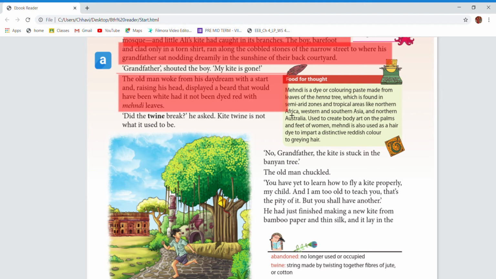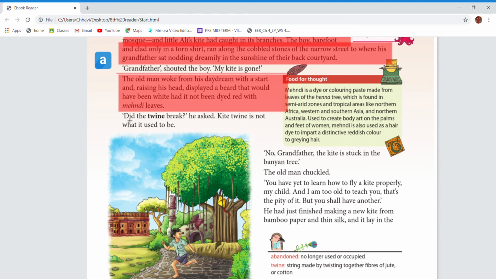He woke up with a shock. Suddenly he woke up, and raising his head, he displayed a beard. Grandfather had a beard, and it was not white, it was dyed red, as he had applied mehndi. Otherwise it would have been white.